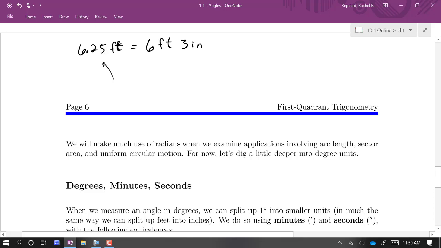So here we have two different ways to indicate the same measurement. I haven't changed units, really. I'm still using the imperial units of length. I'm still using feet. It's just how I chose to represent this fraction of a foot. I could represent it in the decimal form over here on the left, or I could convert that decimal form into a smaller unit, into inches, on the right.